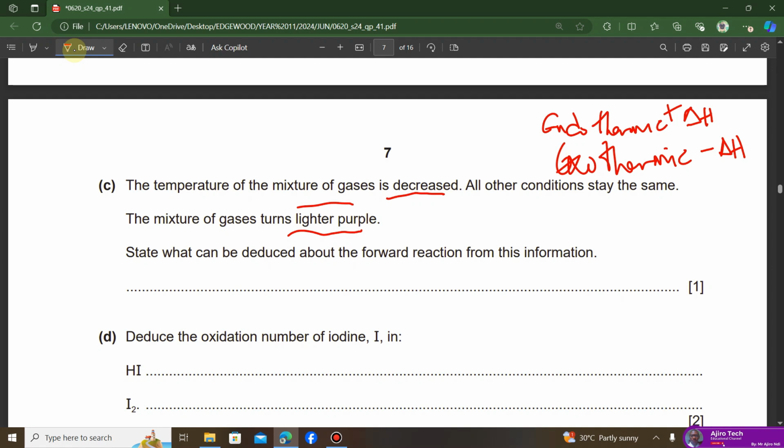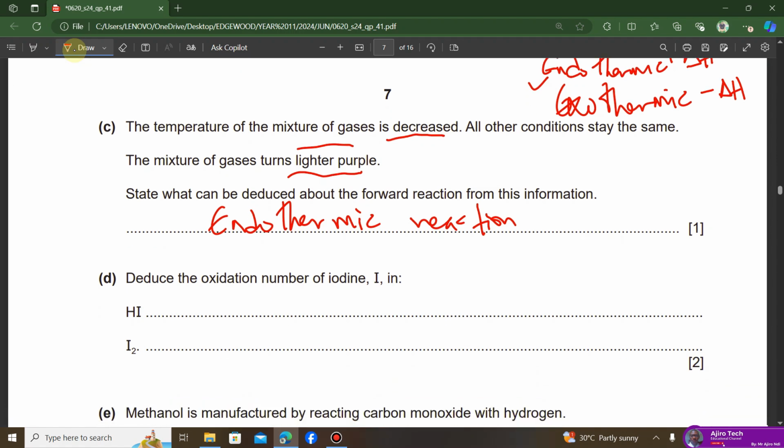When you decrease the temperature of an endothermic reaction, equilibrium shifts to the left. So it aligns with endothermic. In this case, the temperature was decreased and it shifted to the left. So that makes the forward reaction an endothermic reaction. That's very easy there.